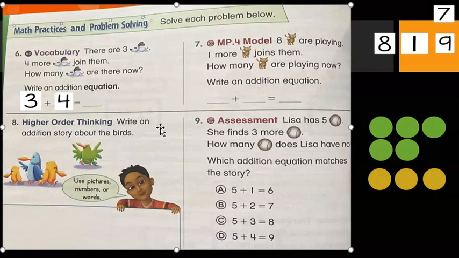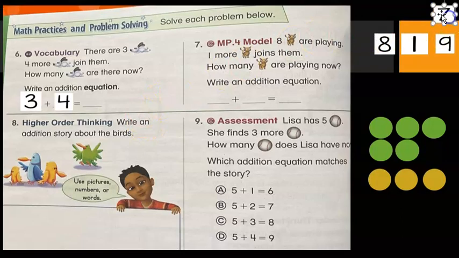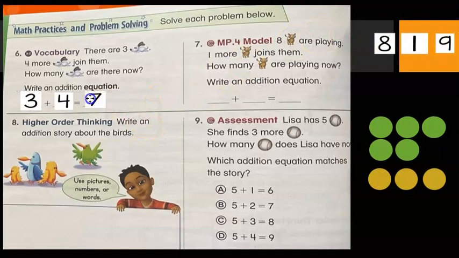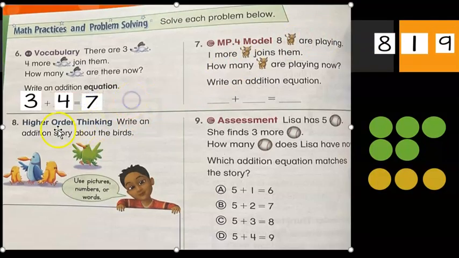What do you have? 7. You should have gotten 7. So our answer here is going to be 7. Now 3 plus 4 equals 7. Okay? So there's our answer now, is 7. So when you have 3 clouds and 4 more joined in, all together now, that's 7.